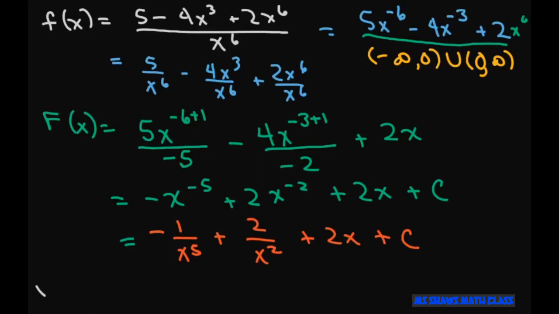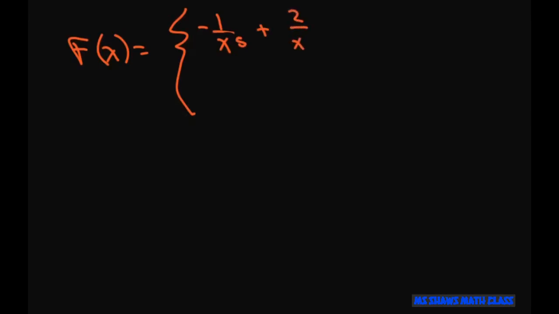Now, since we're dealing with this domain here, let's rewrite this as F of x equals, and we do it piecewise, negative 1 over x to the 5th power plus 2 over x squared plus 2x plus c1 if x is negative, and write it again.